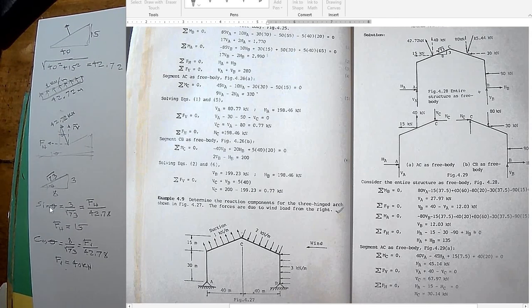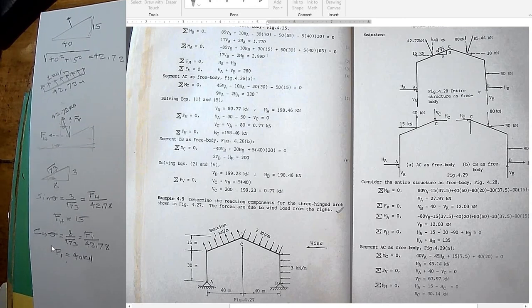Likewise, sine of theta taken from this triangle is equal to f sub h all over the hypotenuse or the resultant 42.72. Take note na yung theta na yan is the same as this angle theta. Okay, so from this, you can solve for f sub h, which is equal to 15.